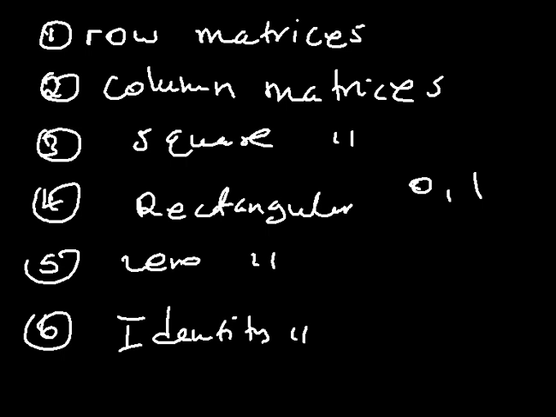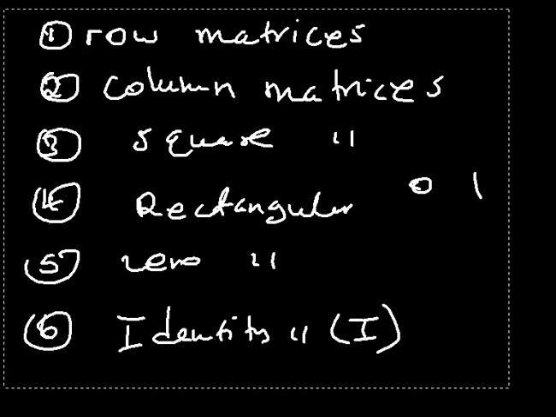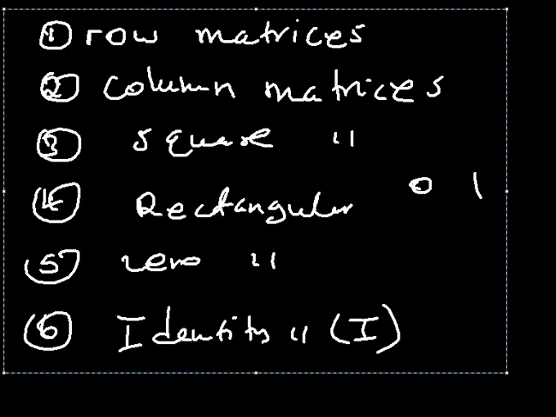By the way, the symbol for the identity matrices is capital I. Wherever you see this, just know that it is the symbol for the identity matrices, which is used in the case of matrices. These are the matrices where the members are only zeros and ones.